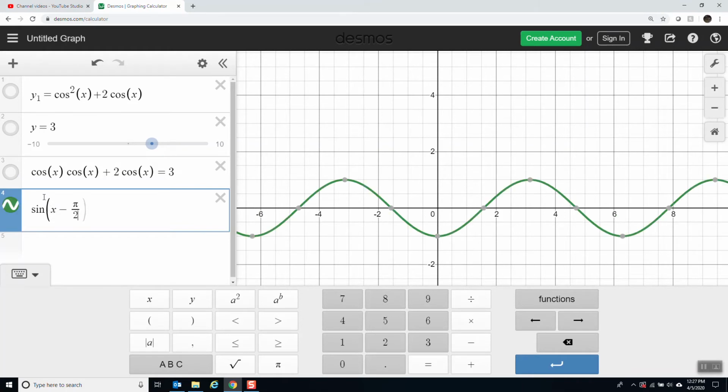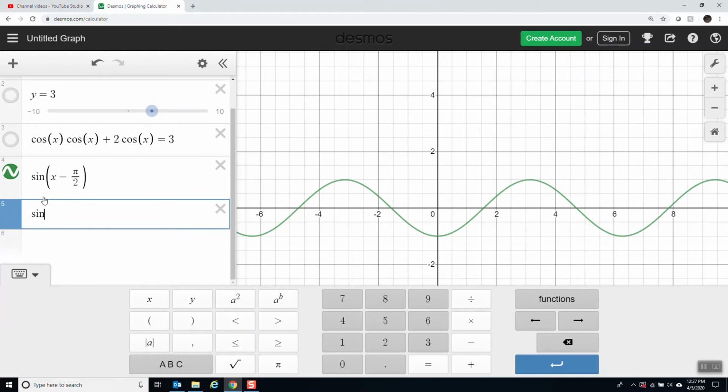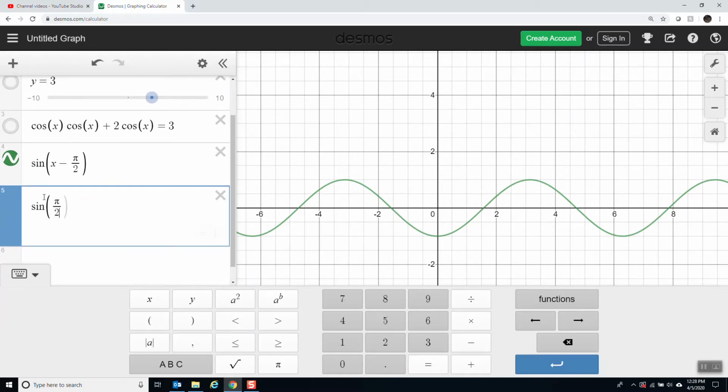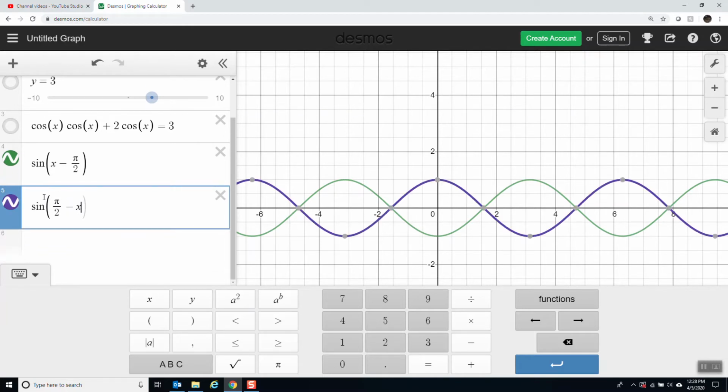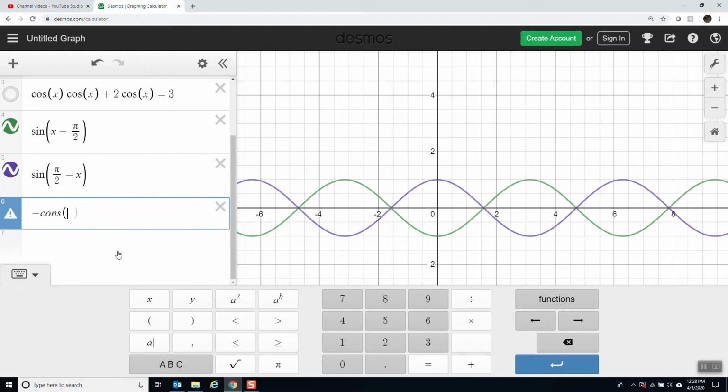So here's sine of x minus pi halves, which is the one that's in the equation. Here's the identity that we said this is equal to, cosine of x, and that was sine of pi halves minus x. Oh, they're not the same, but don't they look like opposites? So what if I was to graph negative cosine of x?